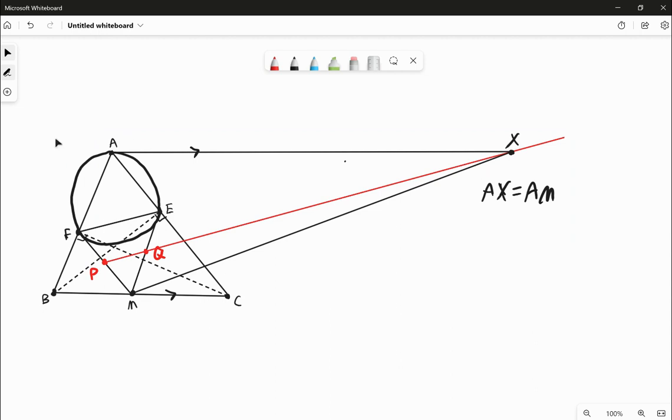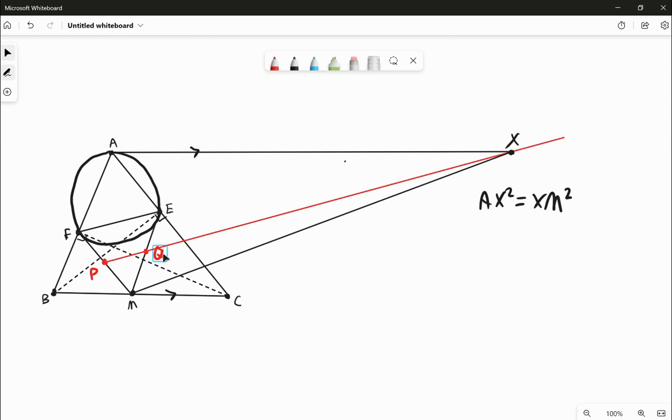Since AX is tangent, we might want to start thinking power of a point. So AX squared, we want to prove that is equal to XM squared. So we want to prove that XM squared is a power with respect to some circle, and that PQ is the radical axis.